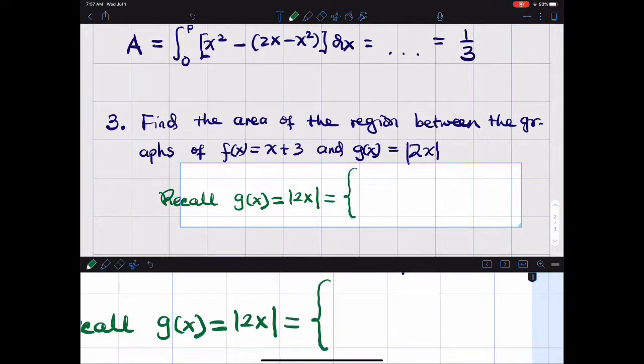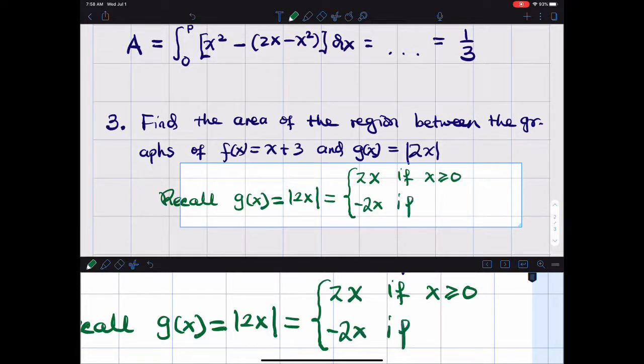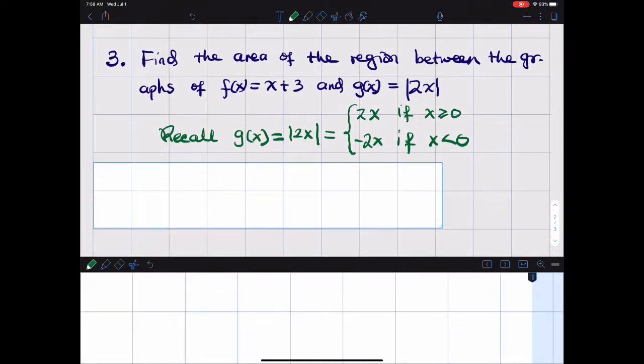This means that if x is greater than or equal to 0, this function is simply 2x, and it's negative 2x if x is less than 0. Okay. So that's what you have to begin by doing. So this should help you think clearly about the graph of this function.